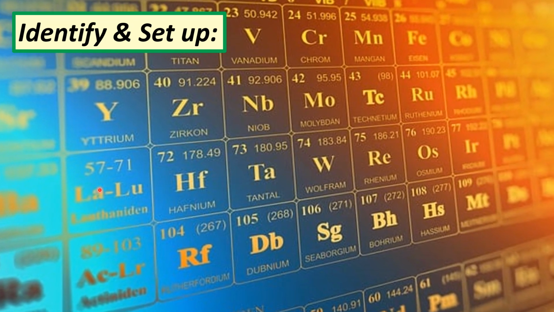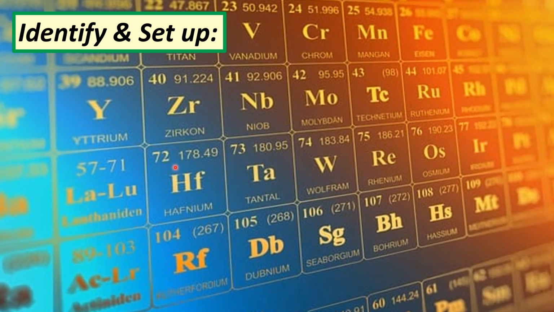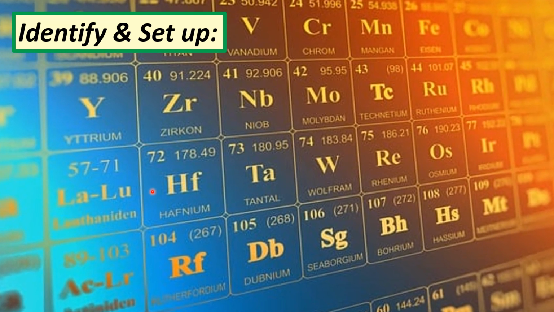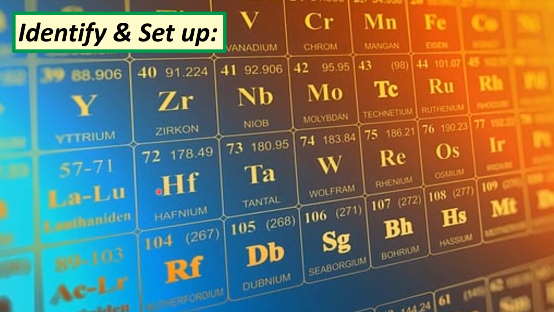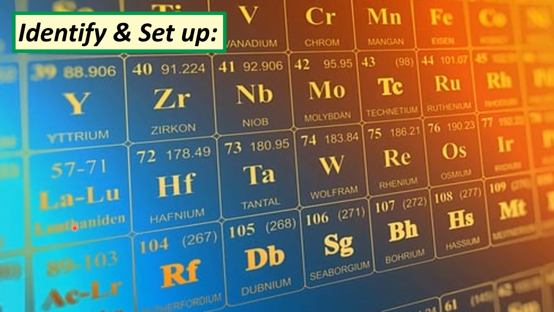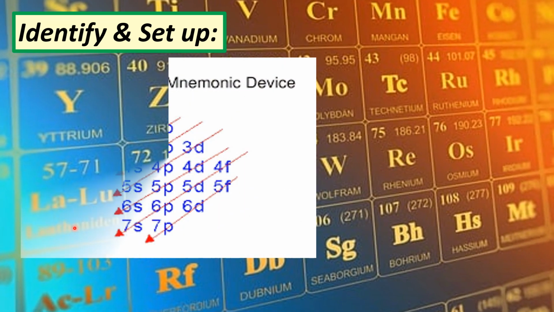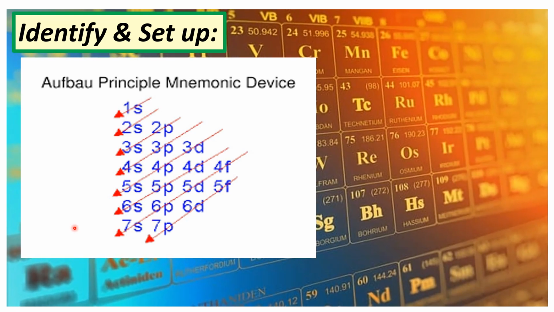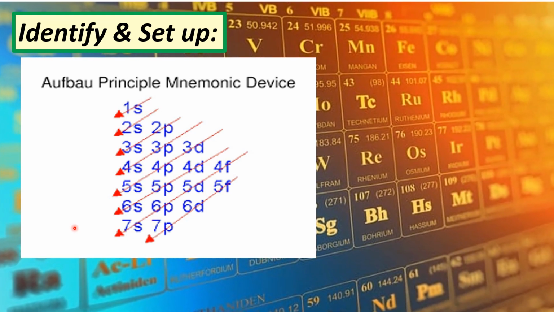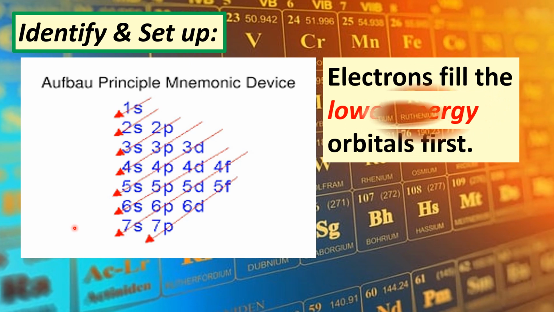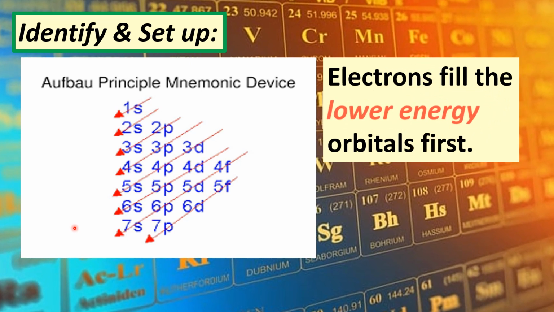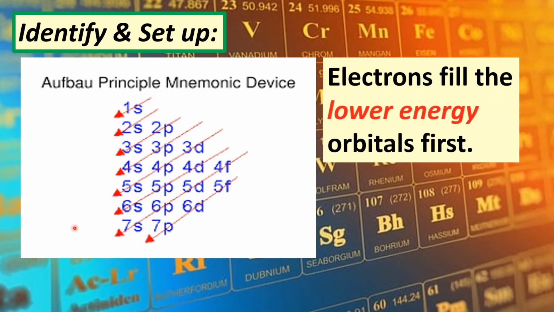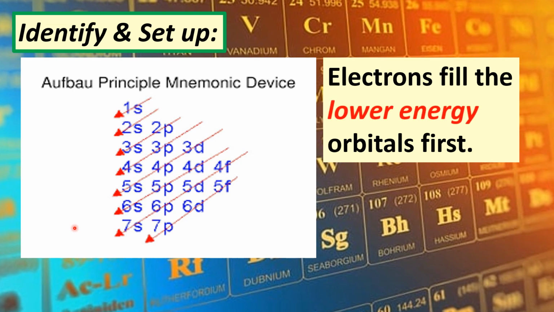In writing the electron configuration of an element, the given Aufbau principle mnemonic device may be used as a guide. Based on the Aufbau principle, electrons will fill the lower energy orbitals first.